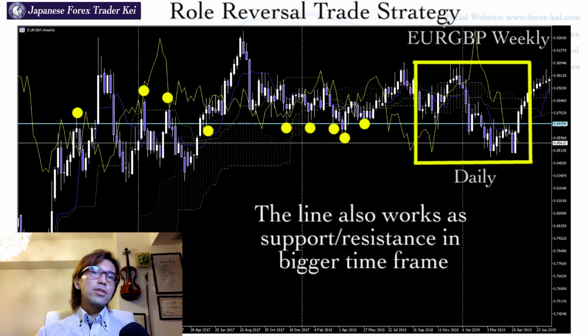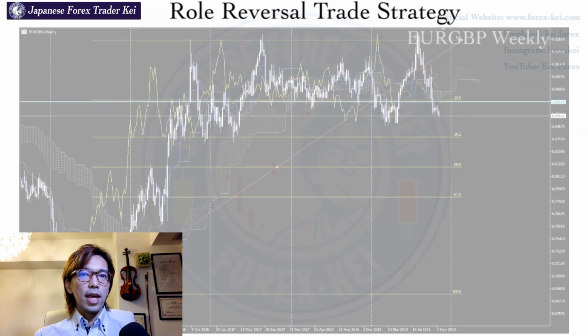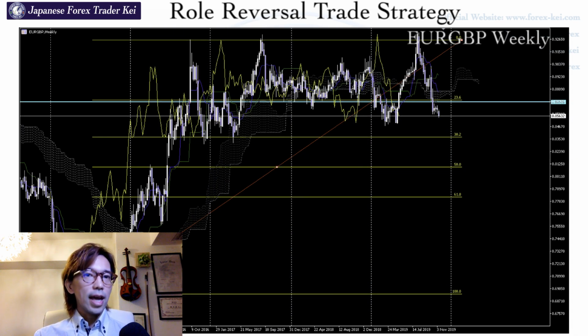And if you want to take a step further and try to look for another reason why this line is working, for example, when you zoom out the chart and when you draw a Fibonacci line from the bottom and top price level of this whole momentum, what do you see now here? This blue line is quite close to 23.6% retracement level, right?